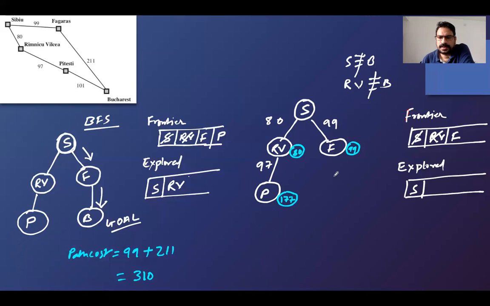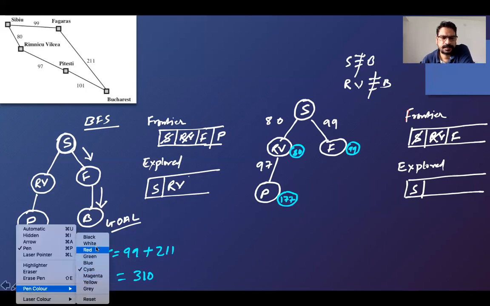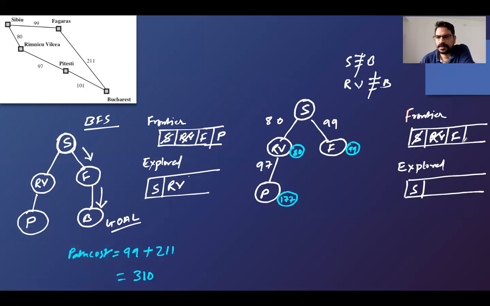And it is a new child, which is not there yet. F has cost 99 and P has 177, so I can put P here, which is Pitești. Now, which one has to be explored? Definitely the least cost. Fagaras has to be explored.